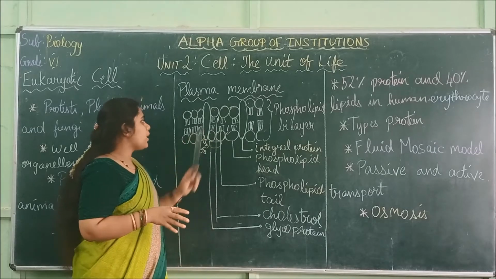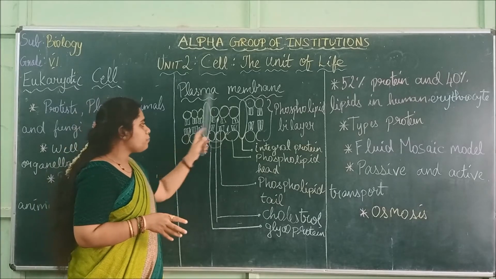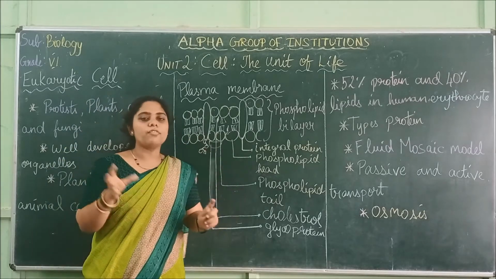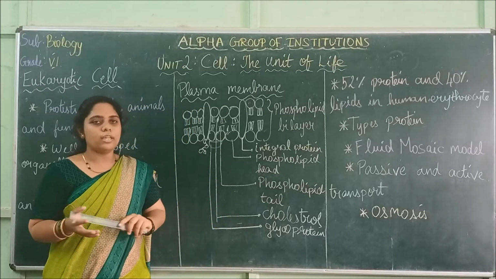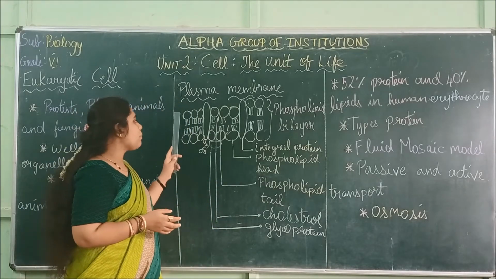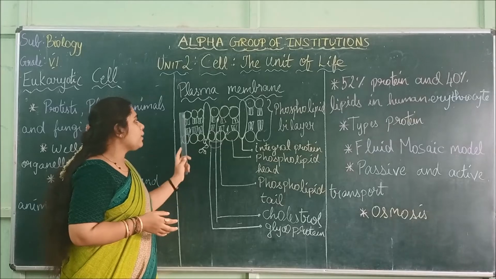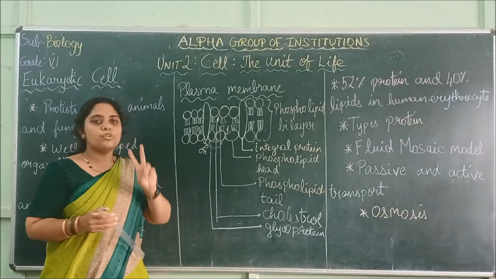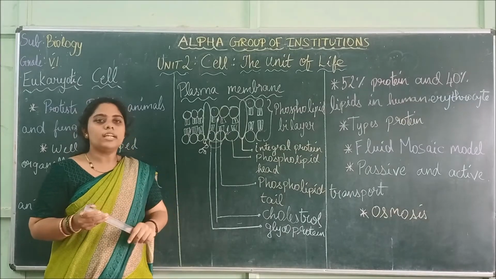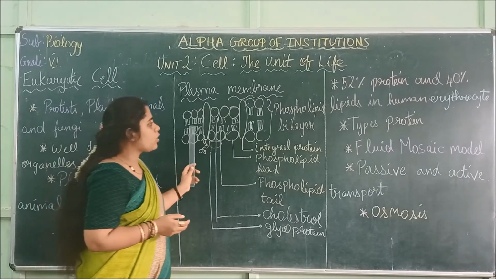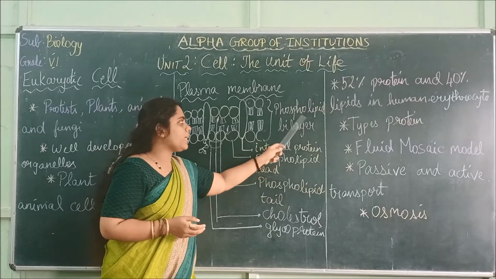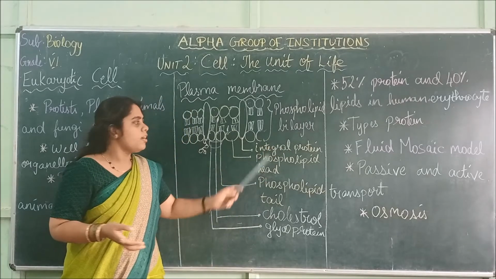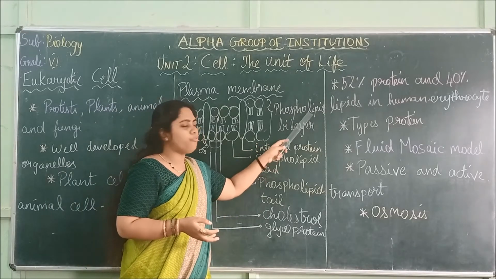The plasma membrane is mainly made up of carbohydrates, proteins and also lipids. It is a bilipid layer, so two layers of lipid are there. That is why it is called a bilayer, a phospholipid bilayer. Lipid means fats, so two layers of fats are there.